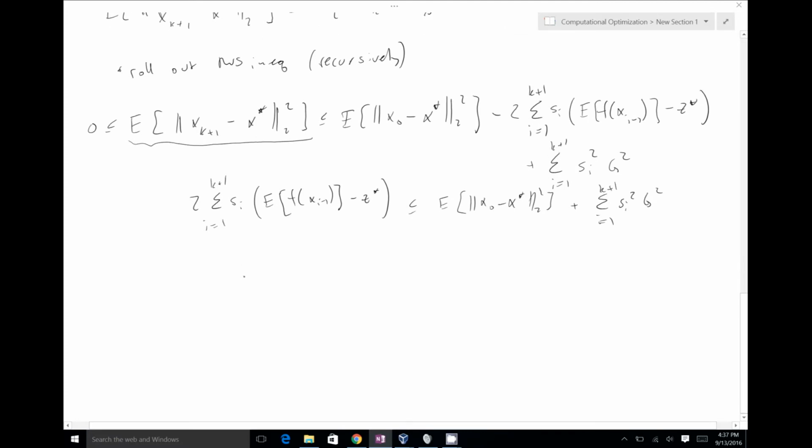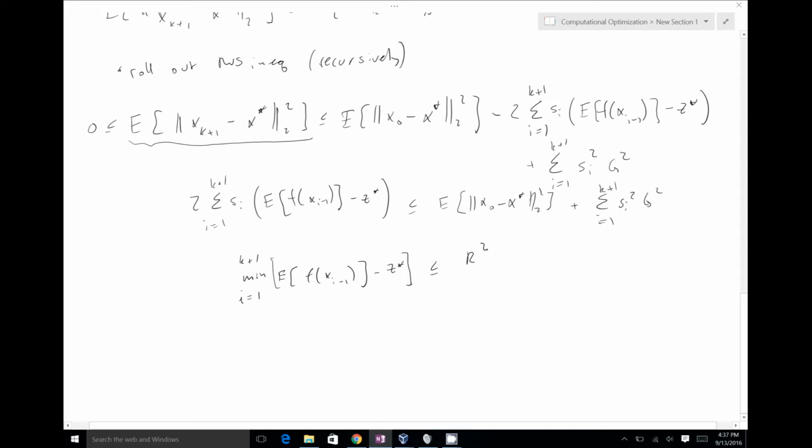So the minimum from i equals 1 to k plus 1 of the expectation of f of x_{i-1} minus z star is less than or equal to r squared. So the way that I got this r squared is this distance between x0 and x star. One of our assumptions was that it was not too far away.